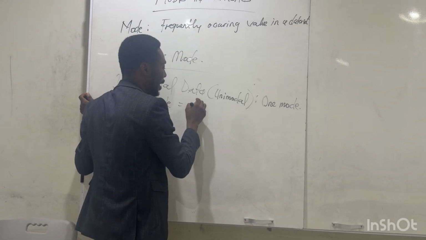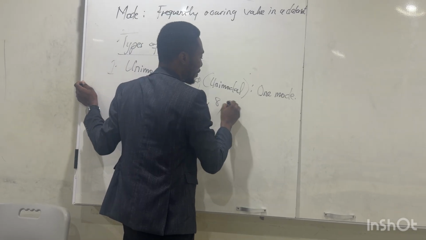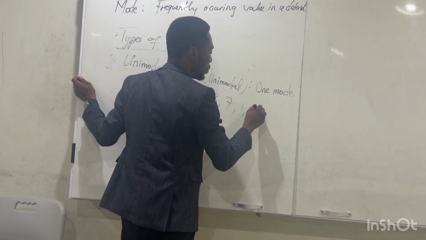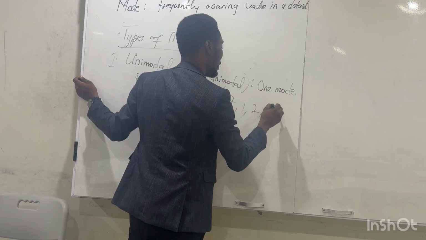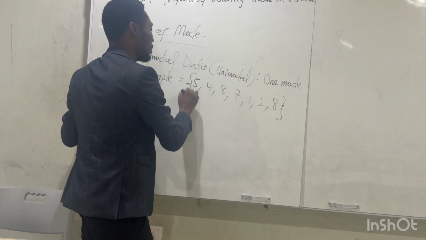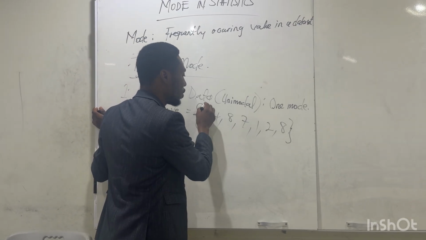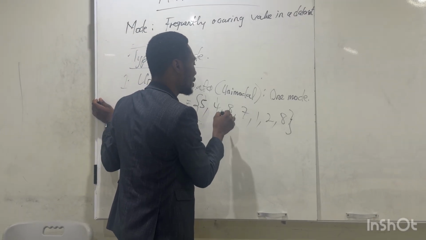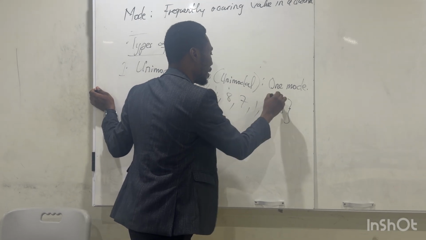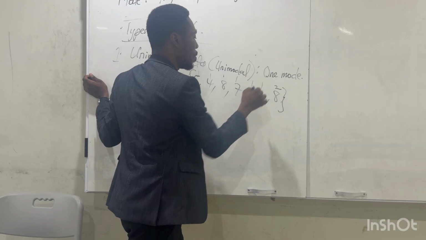So example, we can have 5, 4, 8, 7, 1, 2, 8. So this is an example. So in this data set, observe the data. So we have 5 occurring once, 4 occurring once, 8 is occurring 1 here and the second time here. 7 occurs once, 1 occurs once, 2 occurs once.